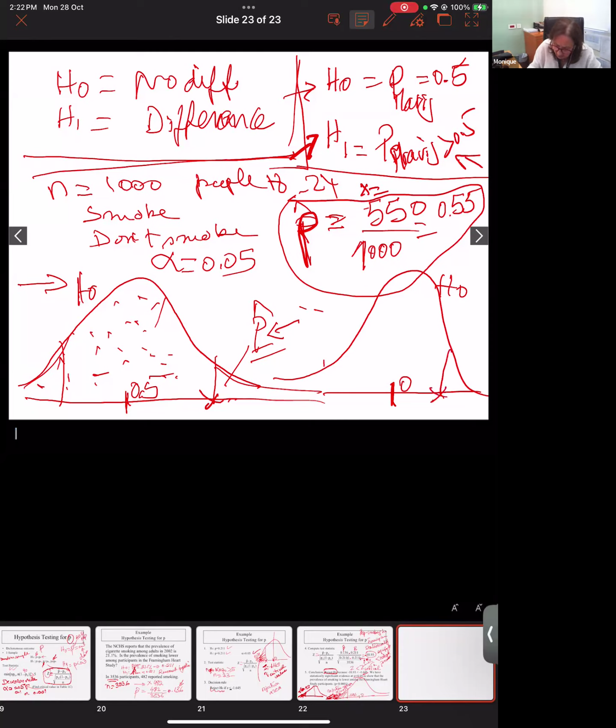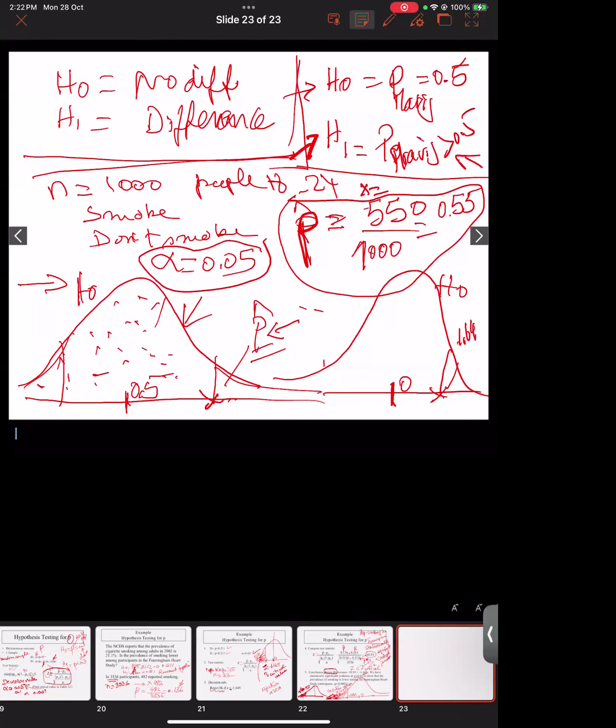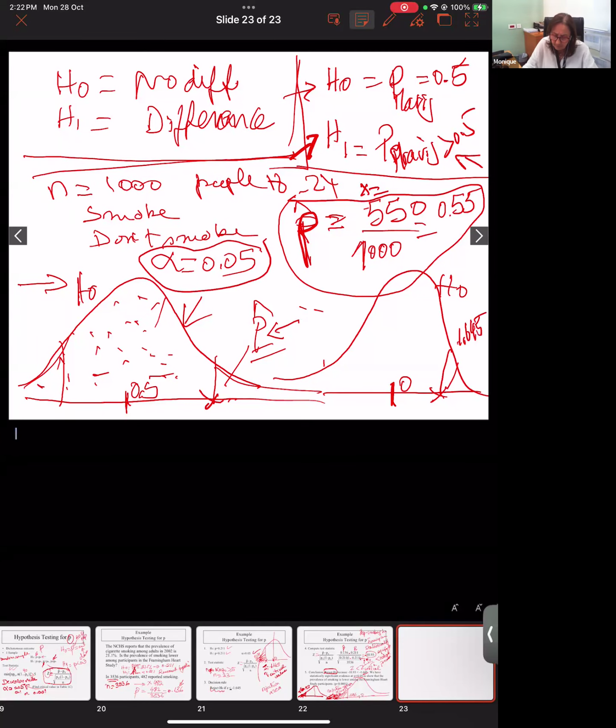So this is P, and here are the Z values. So what is the Z value corresponding to 0.05 at one tail? It's 1.645. Yeah, excellent. Now what I do is compute a test statistic.